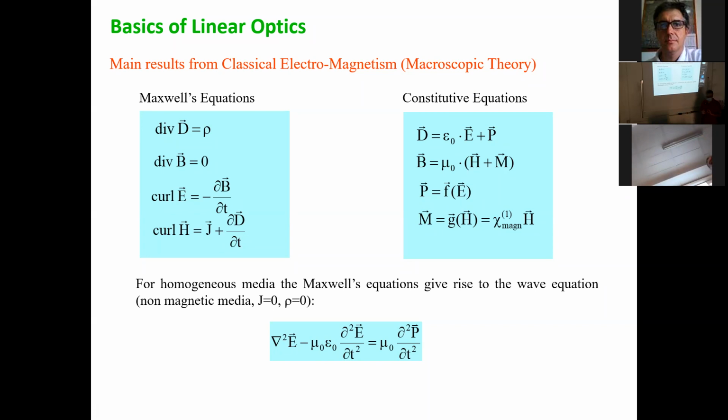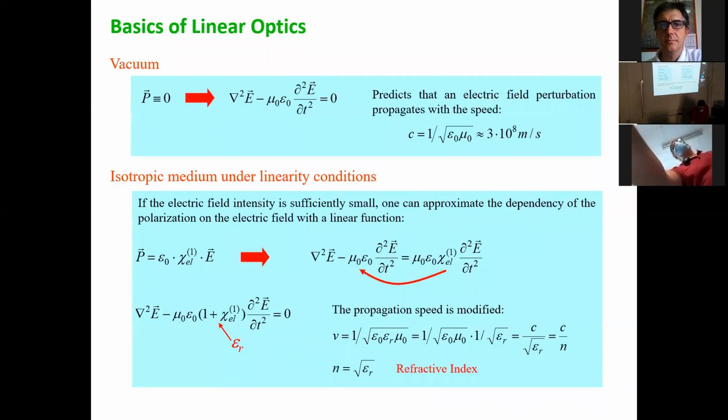Now, to make it simple, not to push students to desperation, in the basic physics courses generally your professor says, okay, in a very simple approximation, the polarization in the medium is proportional to the electric field. So you make a linear model.